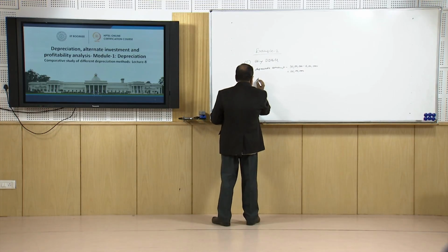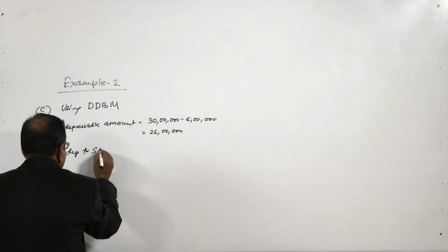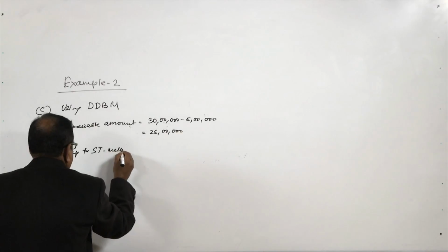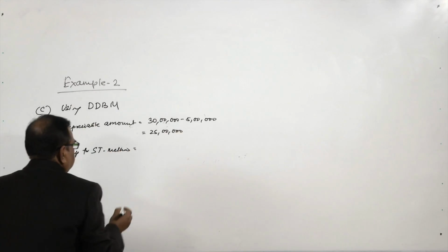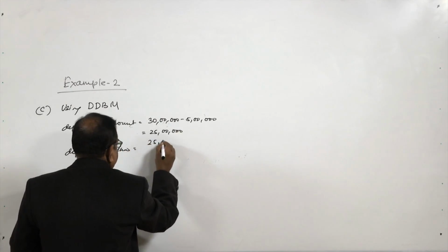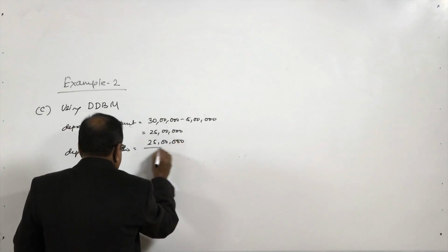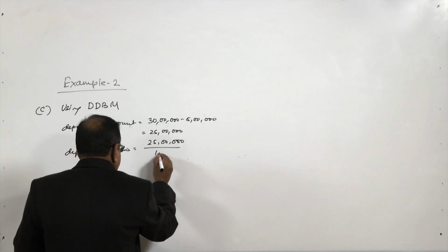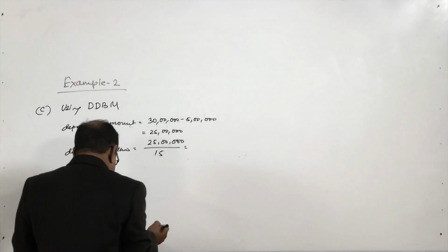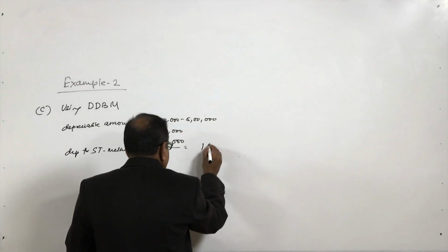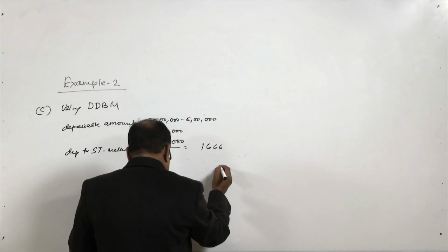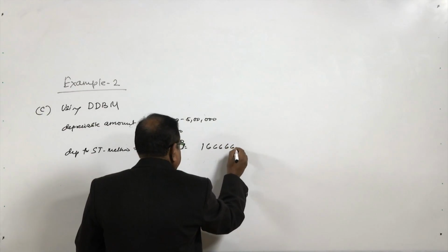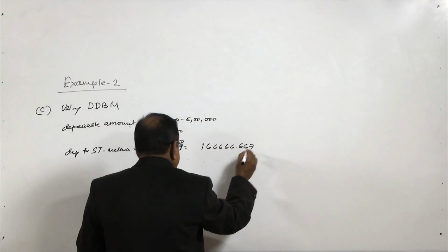Now, depreciation for straight line method, this 25 lakhs has to be depreciated in 15 years, and hence this is 166666.67.